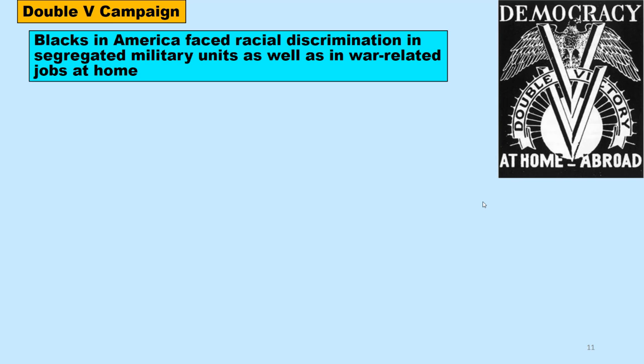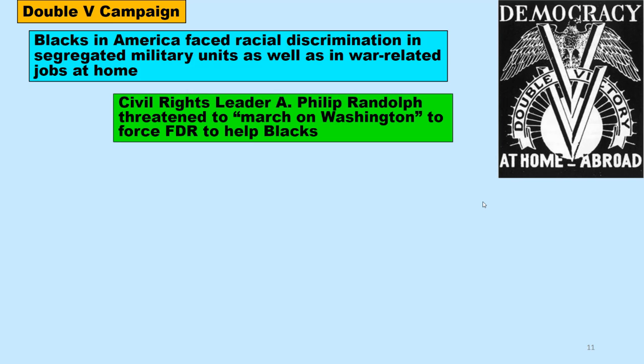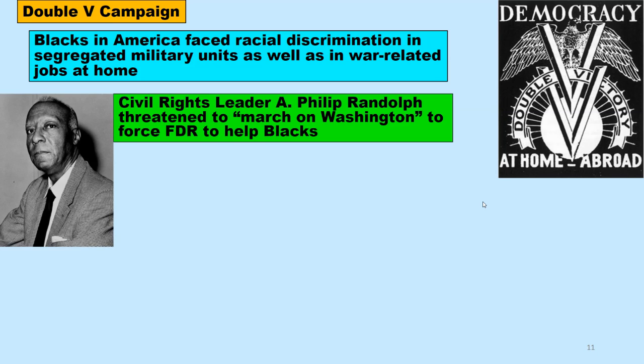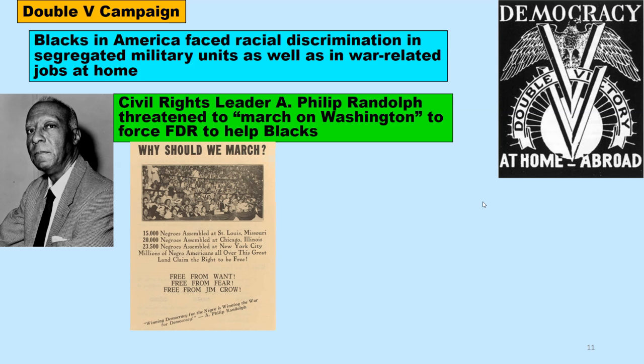Okay, a very well known early civil rights activist named A. Philip Randolph is going to threaten a march on Washington in order to force President Roosevelt to help the Black community, especially when it came to racial discrimination in industrial jobs related to the war. And it works.